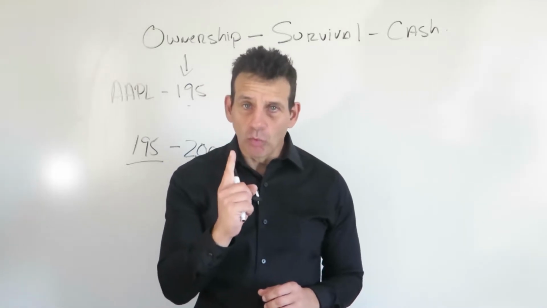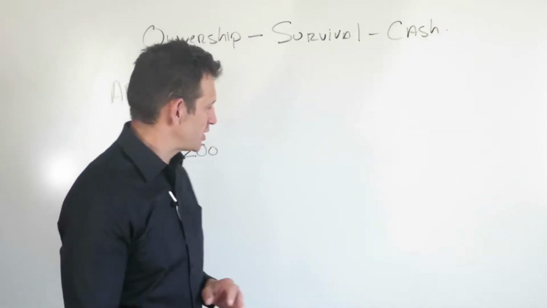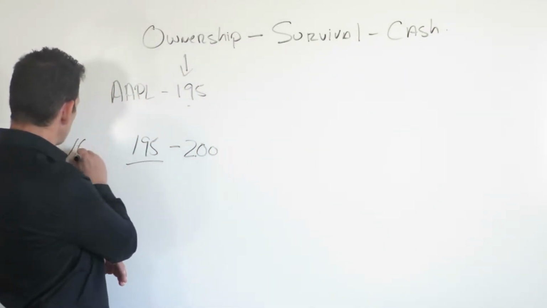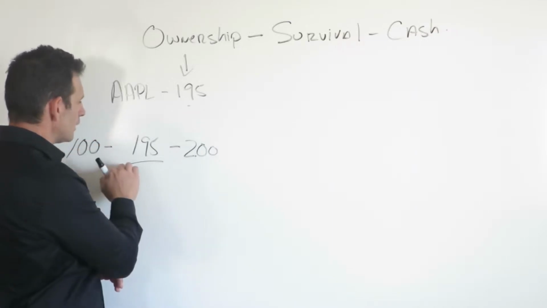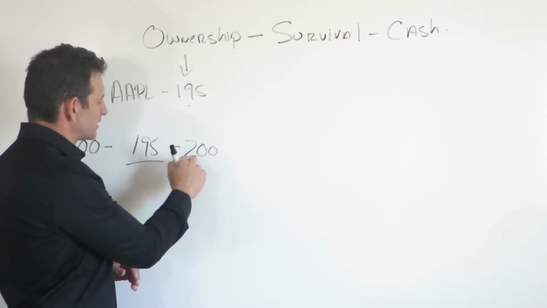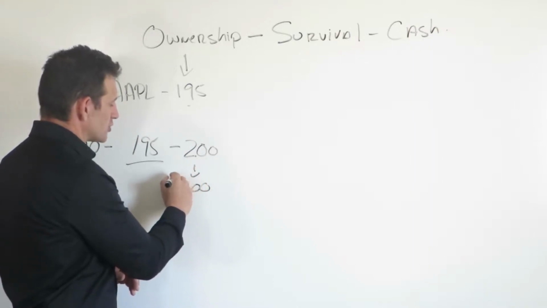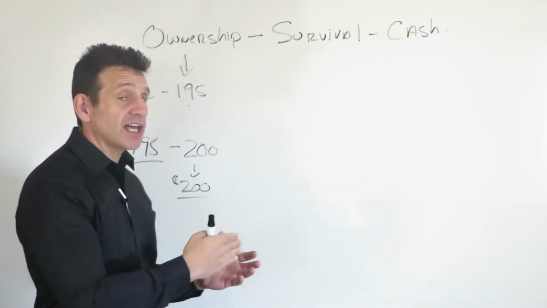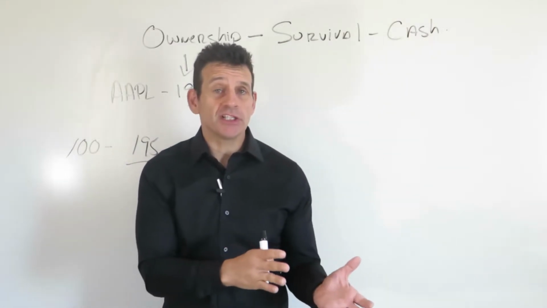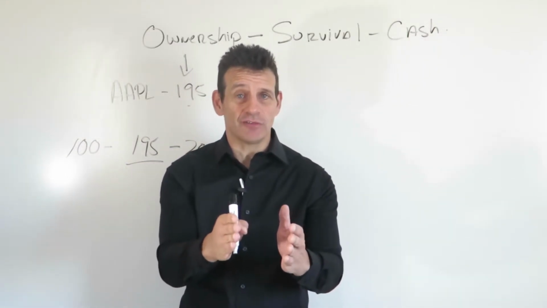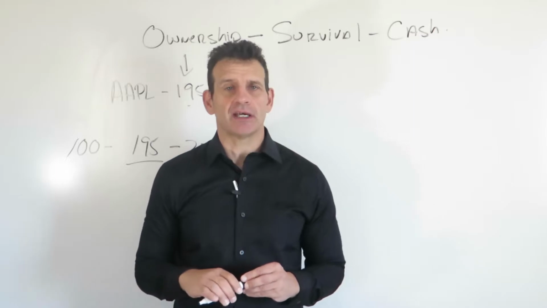This is based on one contract. We'll stick with 100 shares. So 100 shares at $2 equals a $200 credit. If you sell this put, that means your brokerage account will basically deposit $200 into your account.